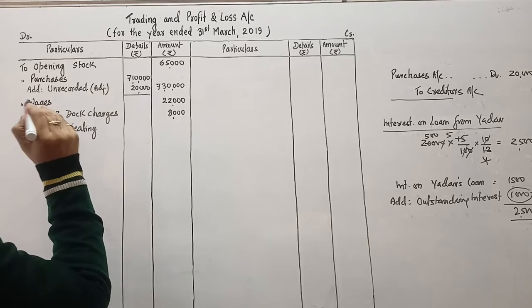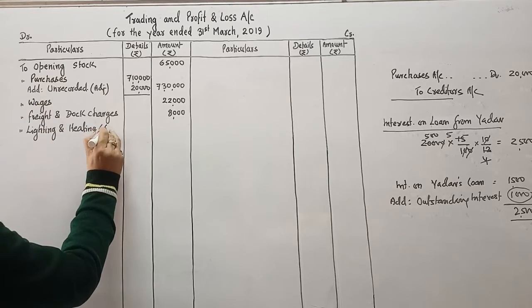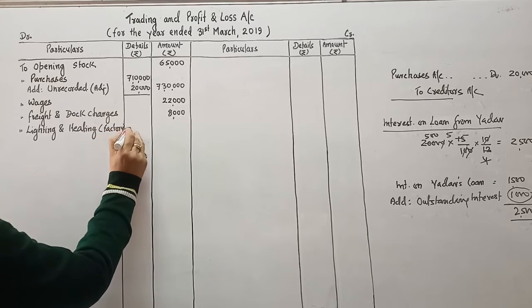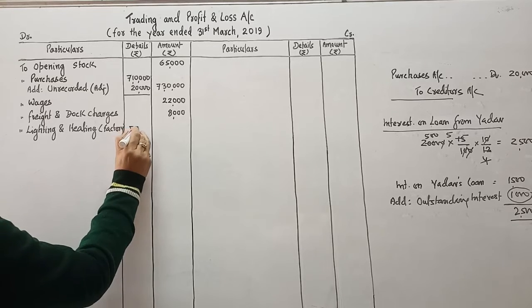Lighting and heating is related to the factory, that's why it's a direct expense. So this amount is 7,200.